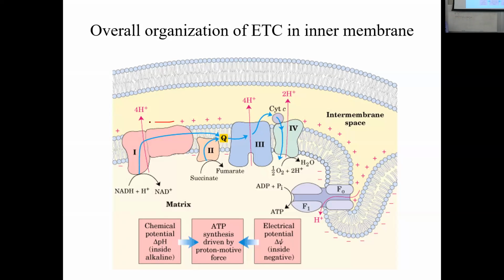So here is complex 1. For one NADH that is reoxidized, 2 electrons enter, pass through a series of components, and in the end, we pump 4 protons from the matrix to the intermembrane space. So, we can see these then moving out here.